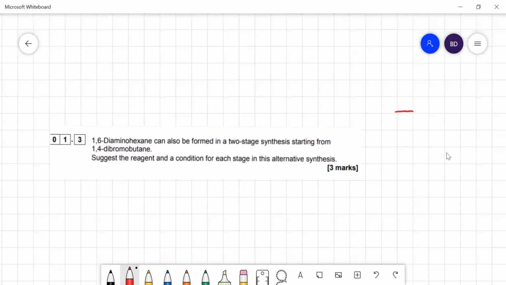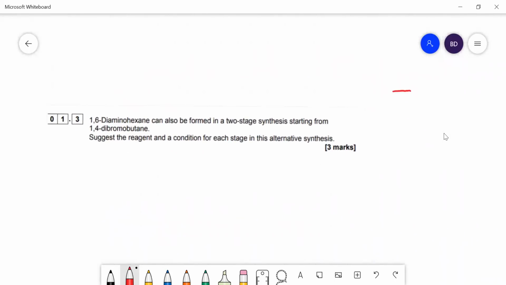But diaminohexane can also be formed in a 2-stage synthesis from 1,4-dibromobutane. Now the butane there is the clue. That is hexane. We have increased the number of carbon atoms by 2, and whenever you increase the number of carbon atoms, it suggests that maybe we'd use cyanide as a reagent. Would cyanide react with the dibromobutane?